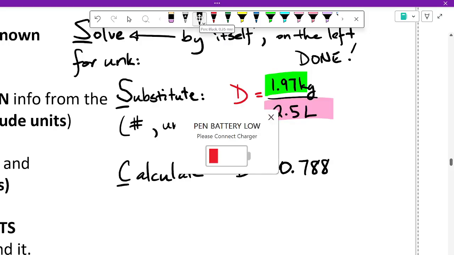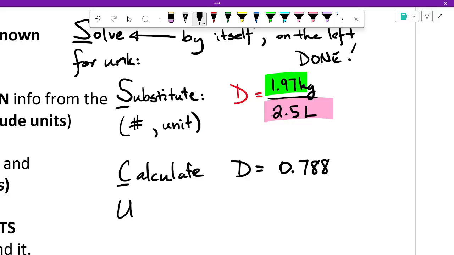What letter comes after C? Guess. CUBS. What letter comes after C? U. What does U stand for? It stands for units. Do we have our units yet?